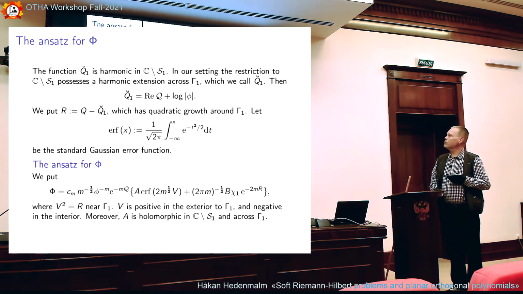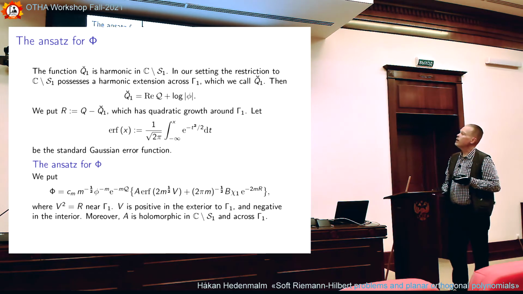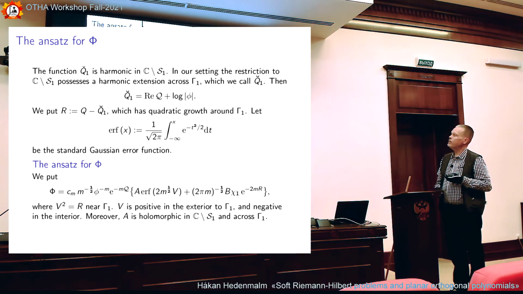Now we need to guess the right thing for the other function, which solves the Dirichlet problem. Okay, and there it's a little more tricky. We need the error function. I use the probability error function, not the physical one. And then the guess is similar.